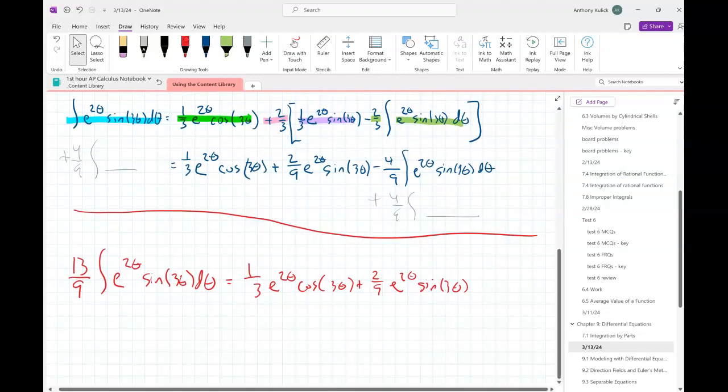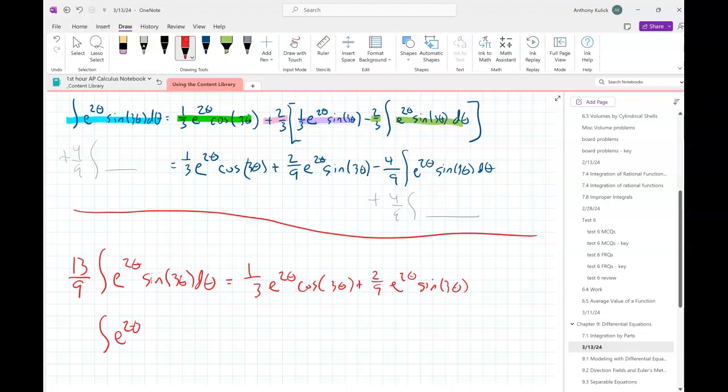And then if I multiply both sides by 9/13, I have a solution. I just have to slap a plus c on it at the end. Elaine, does that feel okay there? Yeah, so why is it added 4/9? Because there's a 1 in front, right? Oh, yeah.